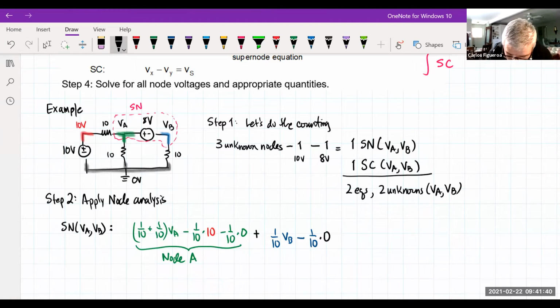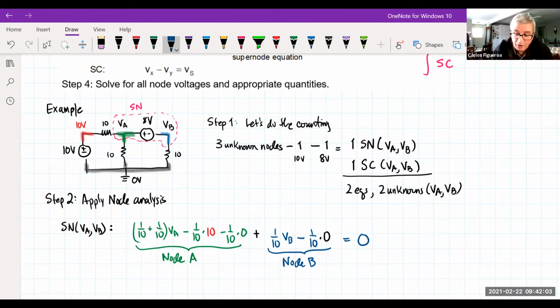And if I look here, that's it. This is node B. So a supernode equation is writing two node equations into one supernode equation. So how many current sources do I have? 0.